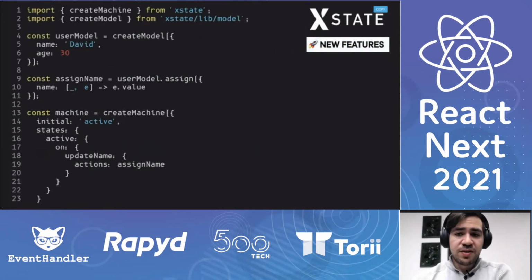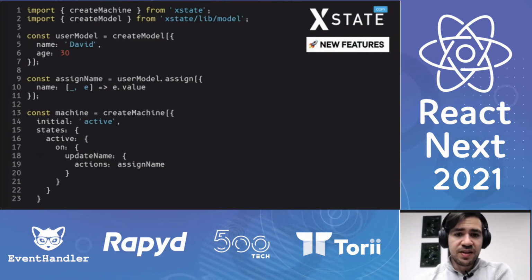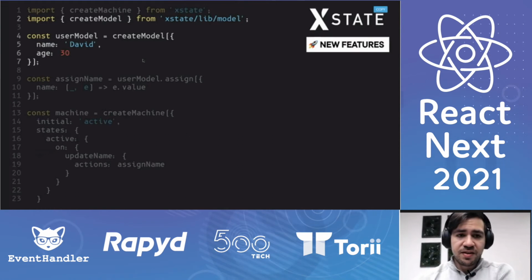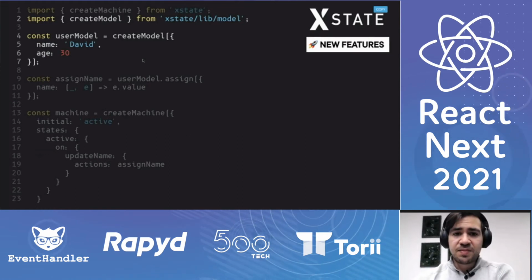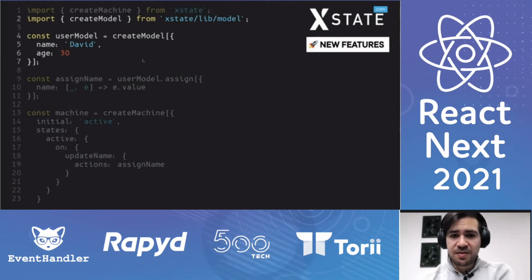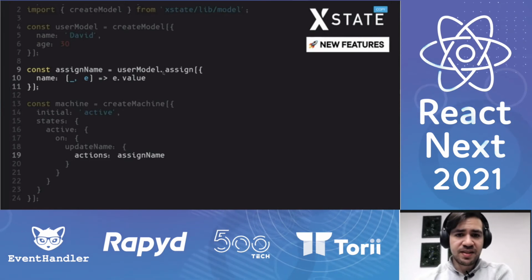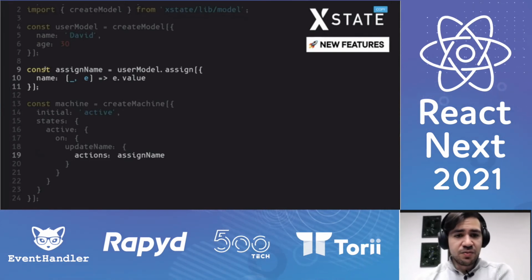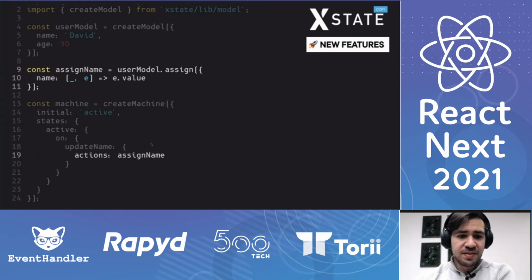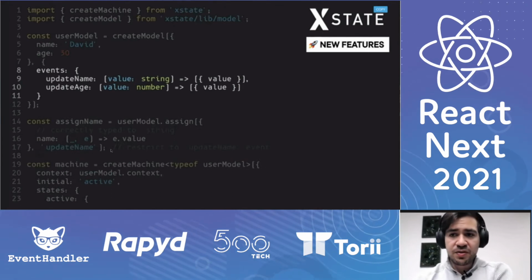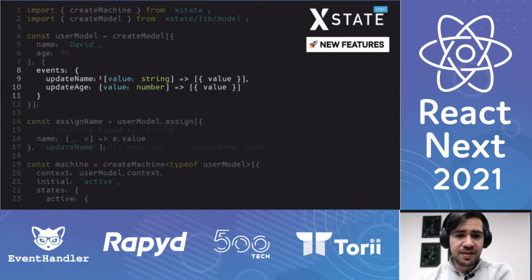One of the newest features in XState core itself is what's called createModel. And so what createModel allows you to do is, it's mainly for TypeScript benefits, but it has other benefits as well. It allows you to create this nice model object that provides things like an assign function, which, all of this is strongly typed, and you could pass directly into your machine. You could also create what are called event creators.